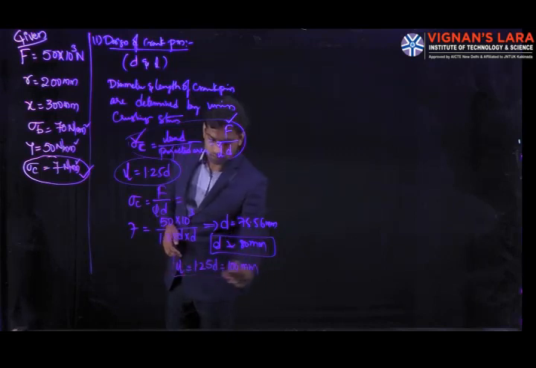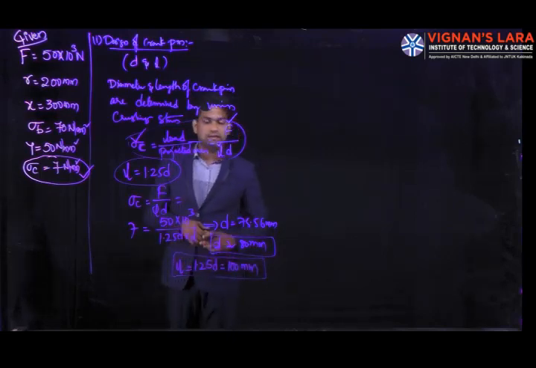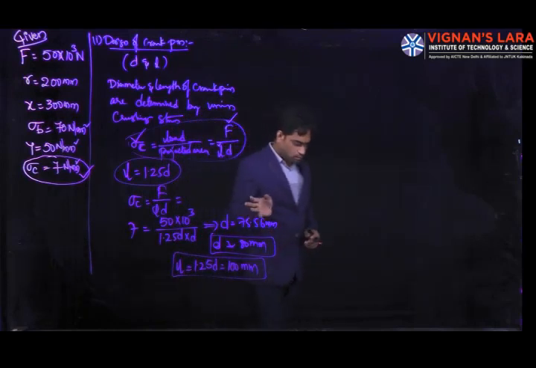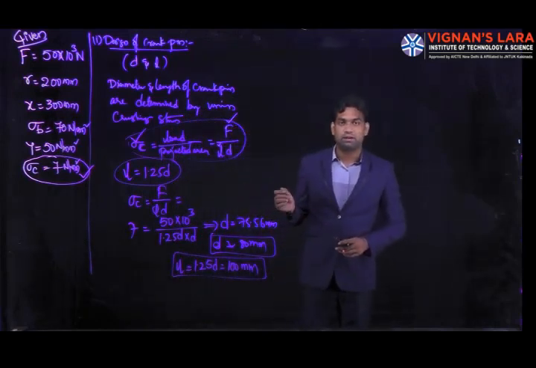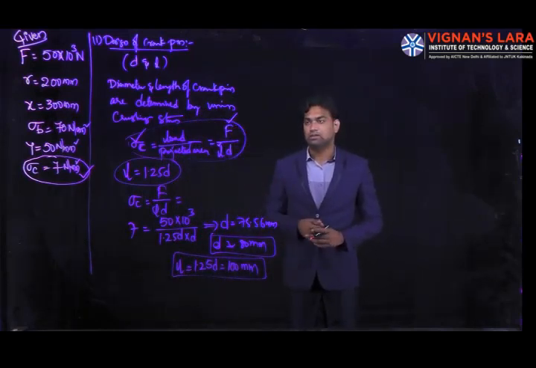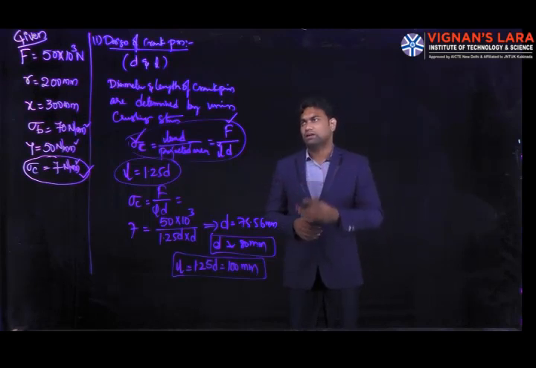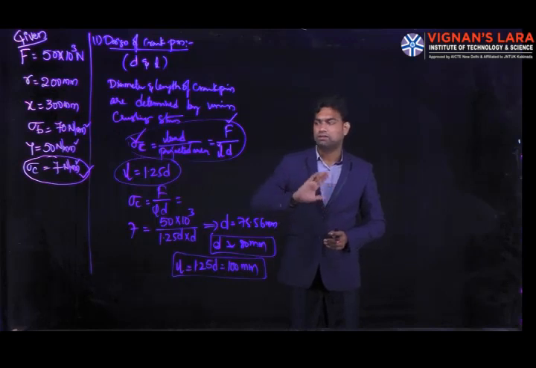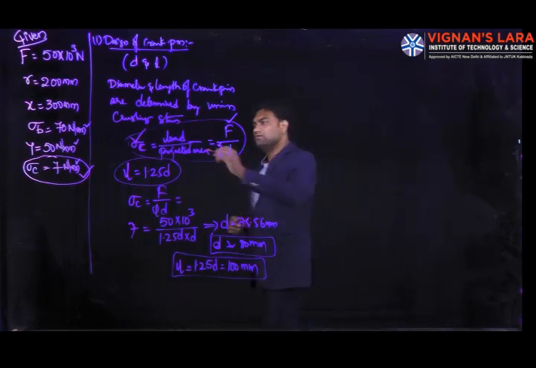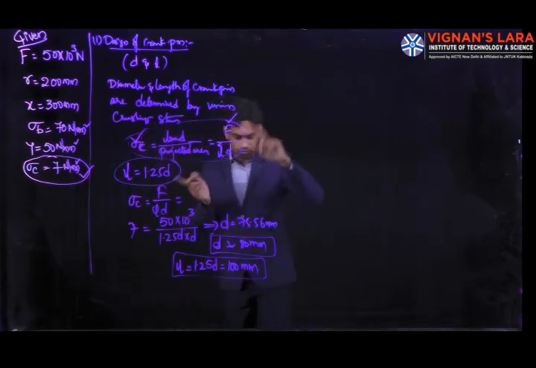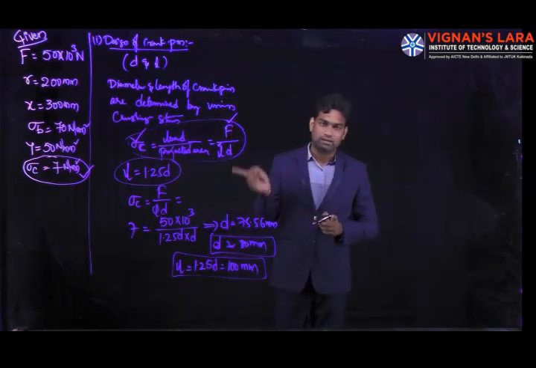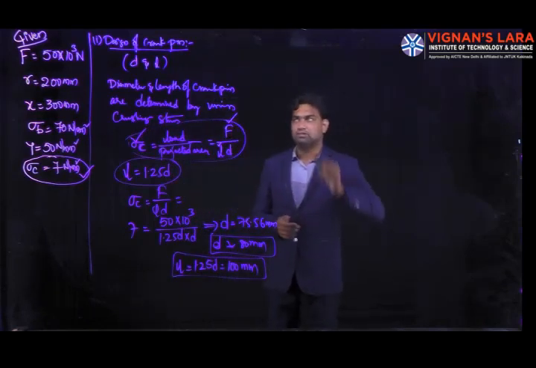So these are the dimensions, the diameter and length of the crank pin. After finding both dimensions, we need to check whether they can withstand the other two stresses, the direct shear stress and the bending stress.